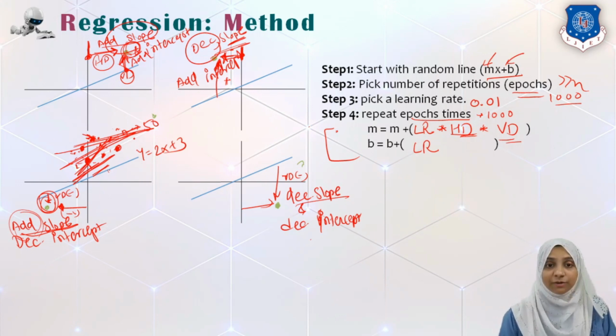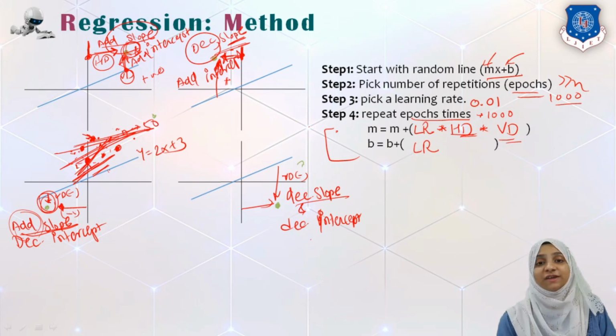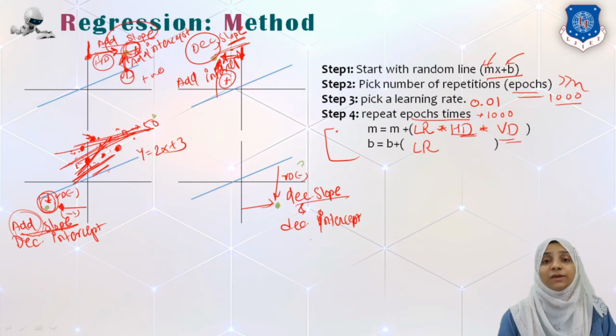Now, when our particular point is in the first or second quadrant, its vertical distance is positive. In this case, our point is above the line. In the second case, also our point is above the line. So only the vertical distance will decide whether the y-intercept should be incremented or decremented.